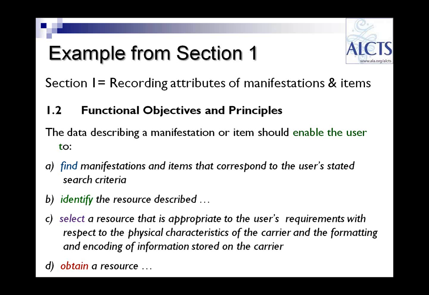Now, this is an example that shows you how it is made specific to the section. So looking at section 1, which is recording attributes of manifestations and items, we see the functional objectives are: the data describing a manifestation or item should enable the user to find manifestations and items that correspond to the criteria, identify the resource, select a resource that is appropriate with respect to physical characteristics of the carrier, formatting and encoding, etc., and obtain a resource.